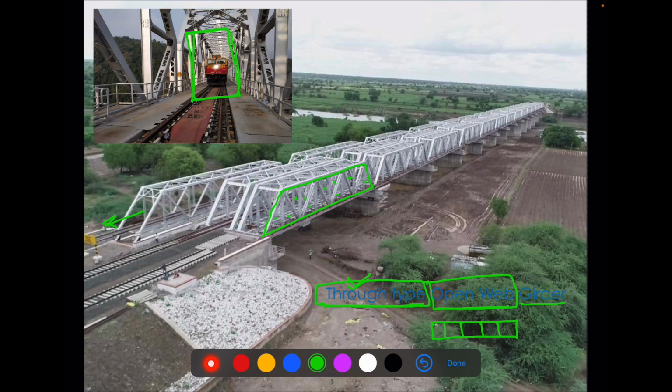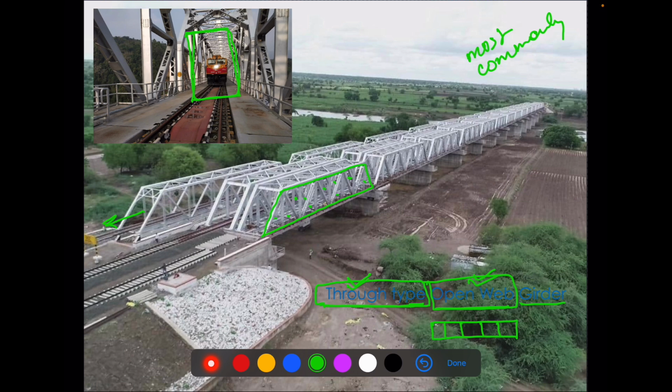Probably these kinds of through type open web girders are the most commonly adopted railway steel girders. The railway transportation system adopts these kinds of open web through type girders very often.